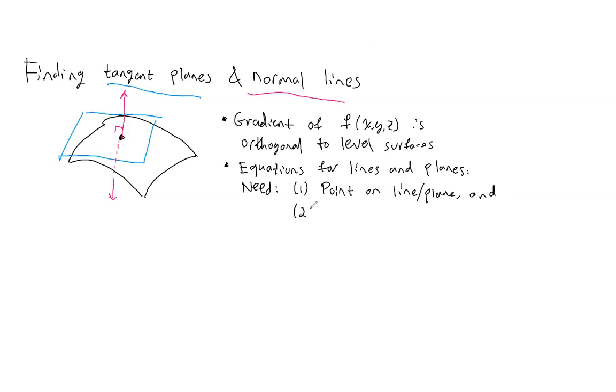And you need either a vector in the direction or a vector parallel to the line, or orthogonal or normal, those are synonymous, to the plane.